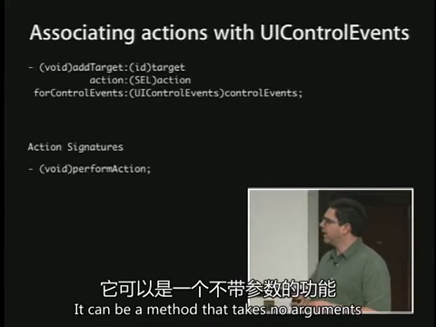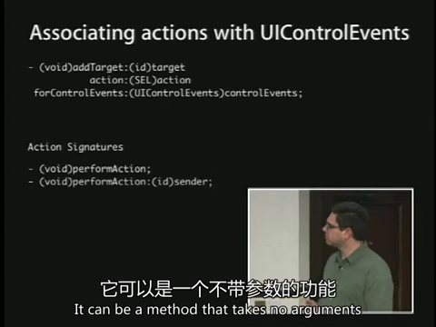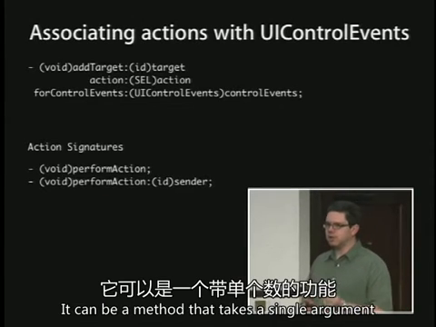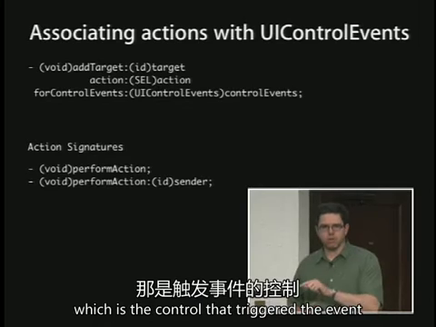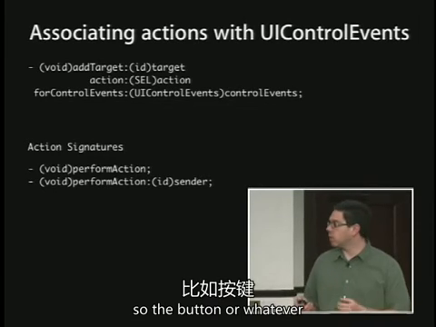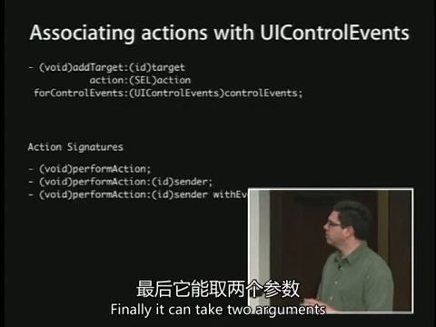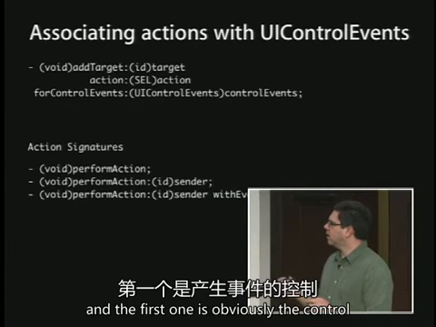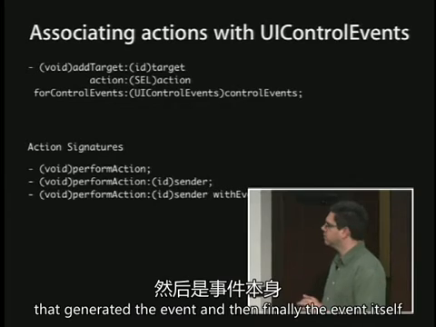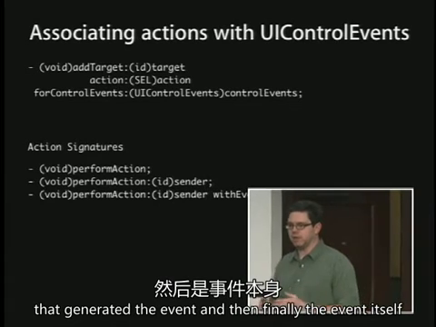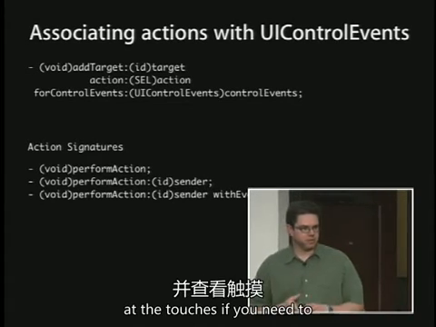It can be a method that takes no arguments. It can be a method that takes a single argument, which is the control that triggered the event, so a button or whatever. Finally, it can take two arguments, and the first one is obviously the control that generated the event, and then finally the event itself, and that allows you to get in and look at the touches if you need to.